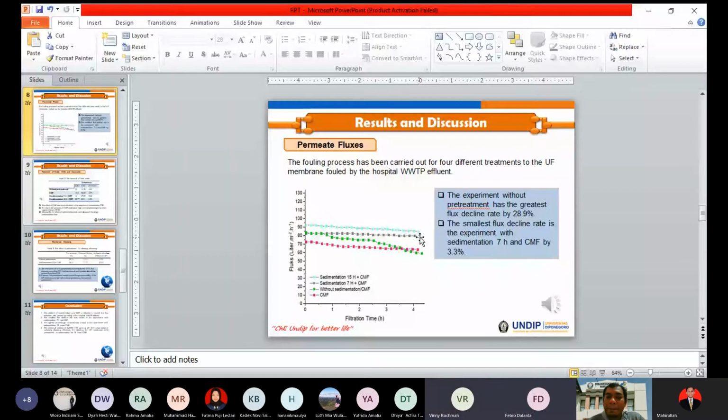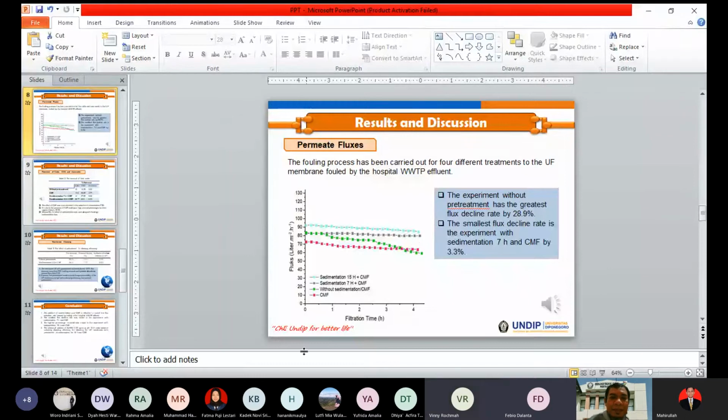Yeah, it's clear enough. But something that is still in my mind: why is the flux reduction at 7 hours slightly smaller than at 15 hours of sedimentation? That is still in my brain. How could it happen?